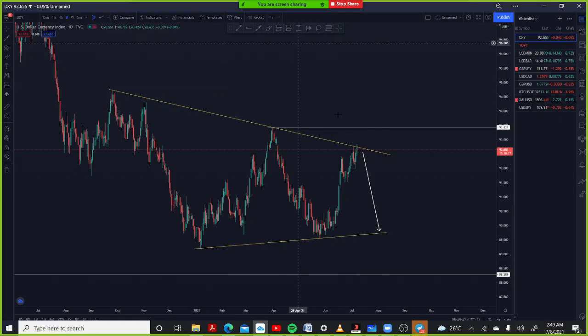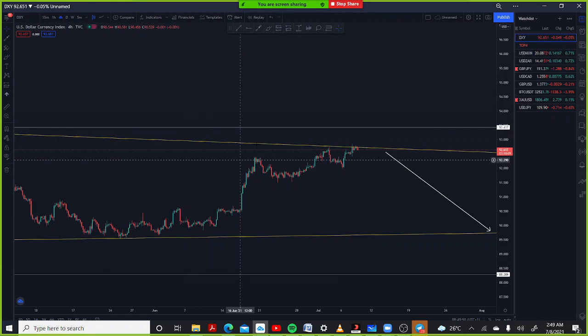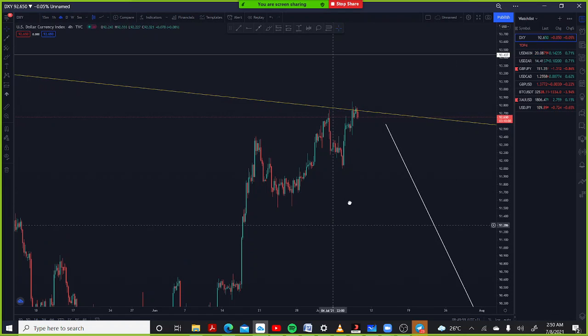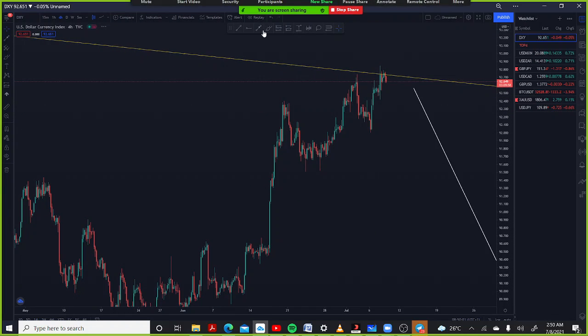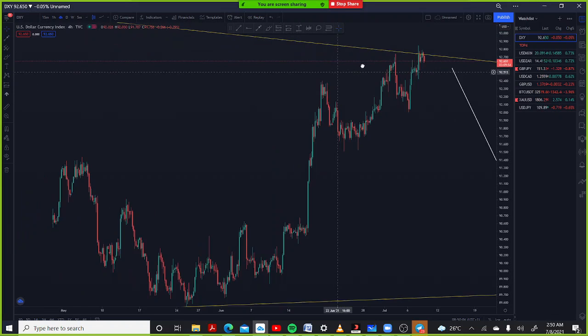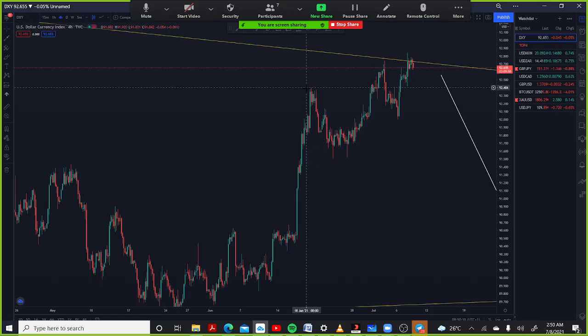So having this structure on the daily time frame, we want to go over to the 4-hour to concentrate on this most recent structure, because this is a very vital price pattern you're seeing here, and this is what it looks like. So this is the price pattern here.